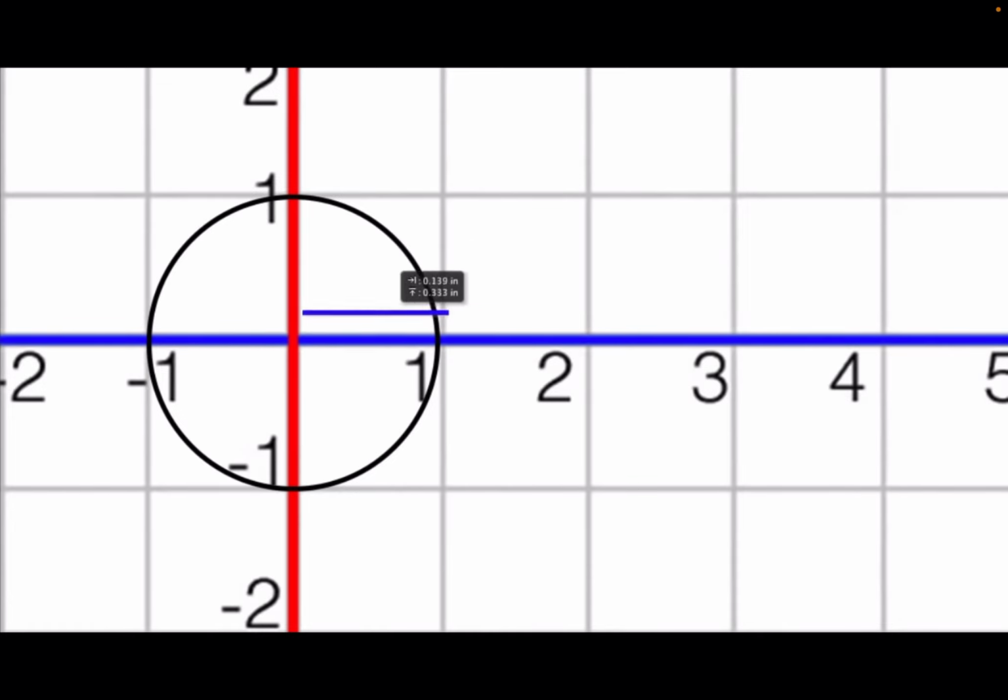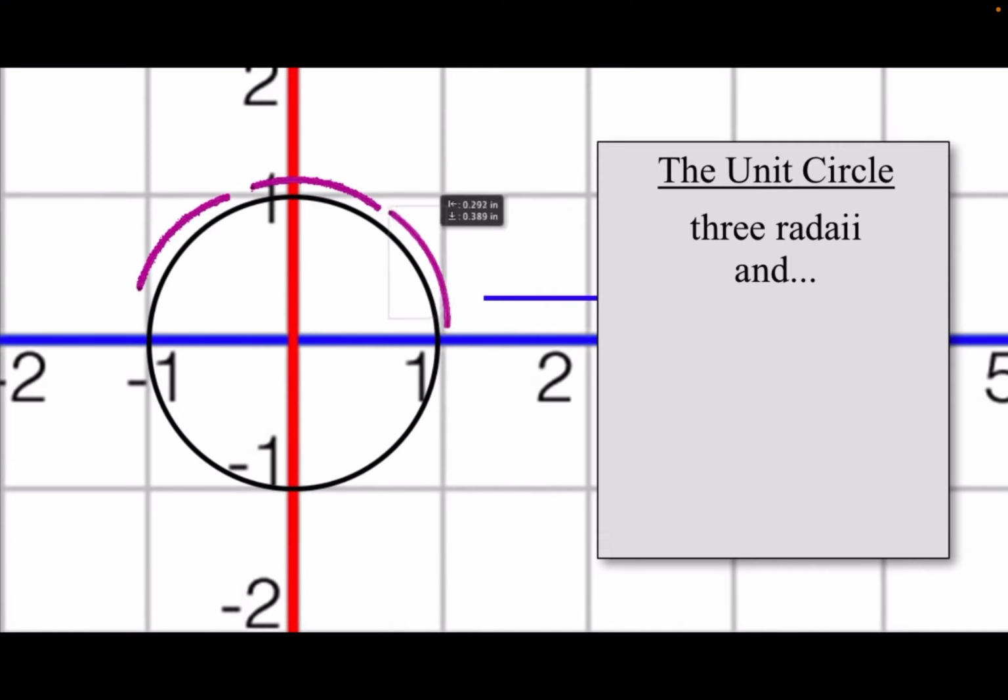No matter where I hold it, it has a radius of exactly 1. Now, if we take that radius and curve it, here's a curved piece, colored purple. If we take this curved piece and get 3 more of them, these will fit exactly in the circumference of the circle.